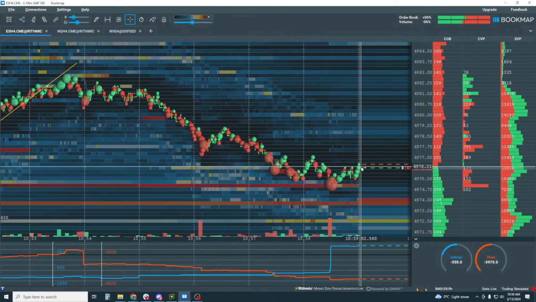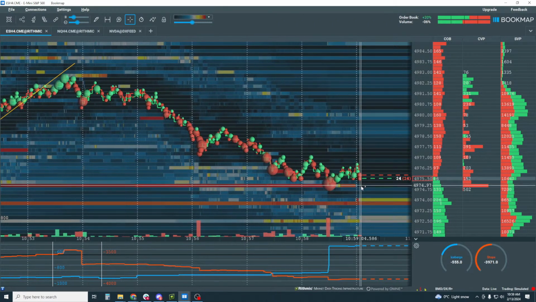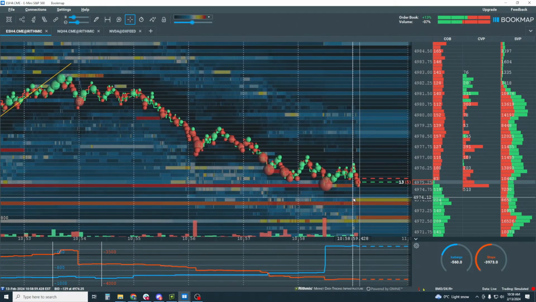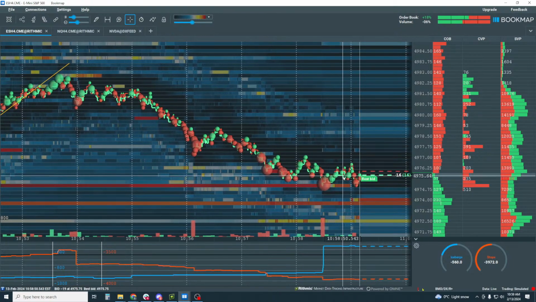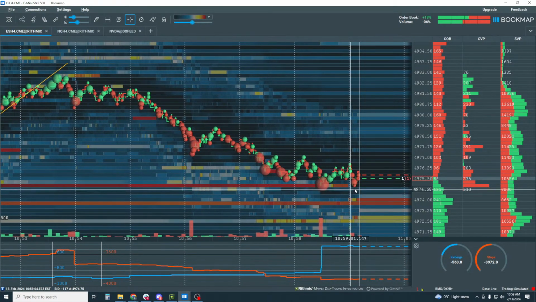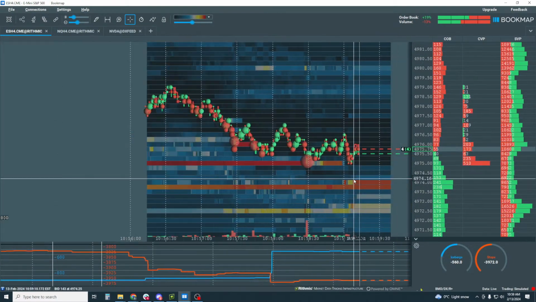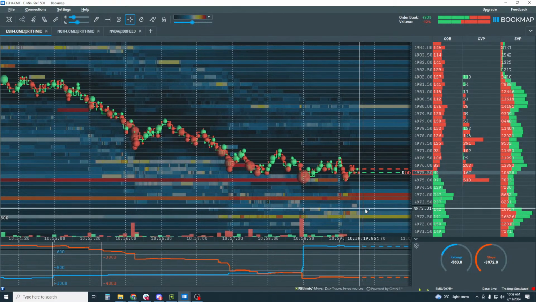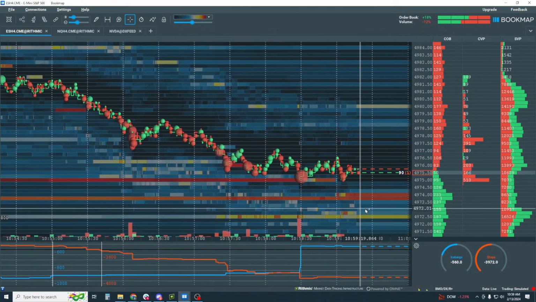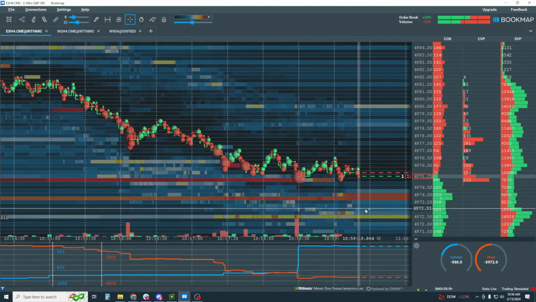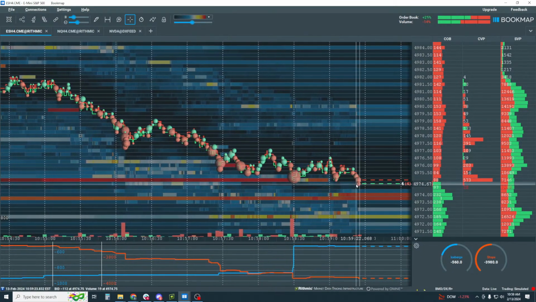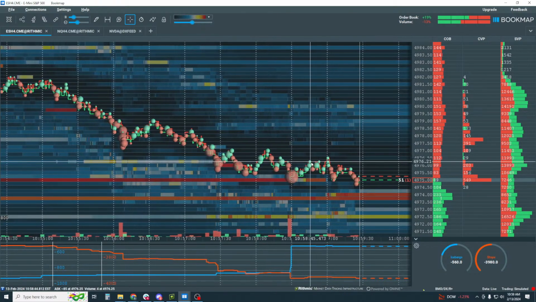All right, there's our buyers. All right, buyers, let's see if you can move it here. It's not enough. It's a bit of selling. No, not enough. Not enough buying yet.